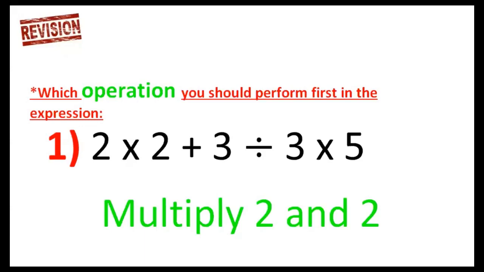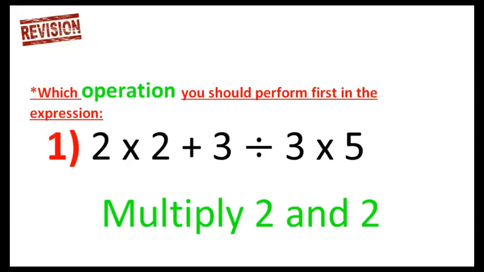Someone who starts with adding is incorrect. Division, incorrect. You have the order of operations and you have to follow it to get the same answer for all students in a correct way. So the answer of question number 1 is multiply 2 and 2.